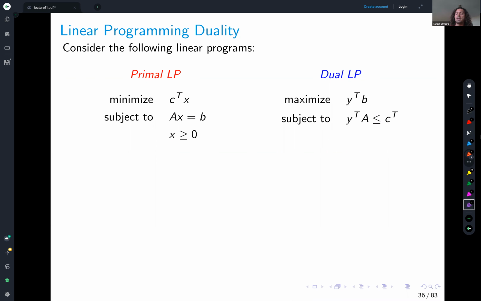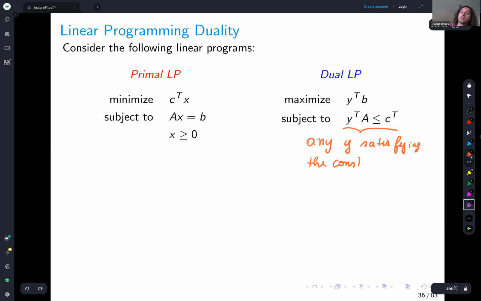The first thing we did is suppose that we had these constraints, then we noticed that any Y satisfying the constraint in the box here is a lower bound.